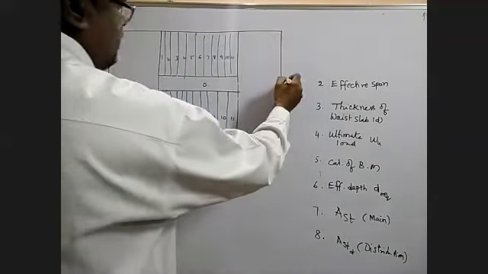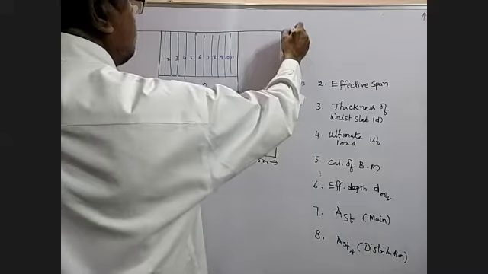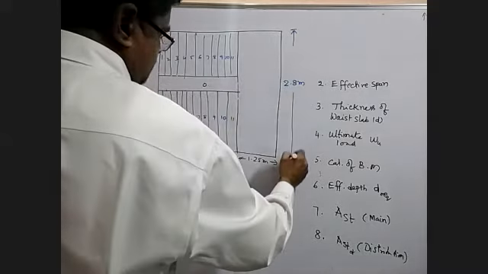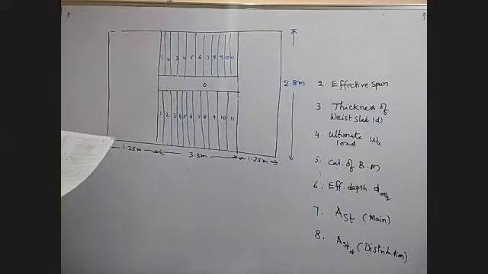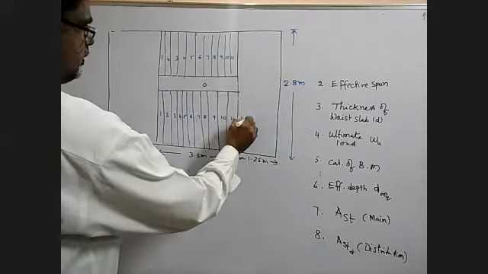See, this length is given, this width is given as 2.8 meters. And one more data is given: the width of flight is to be 1.25 meters.